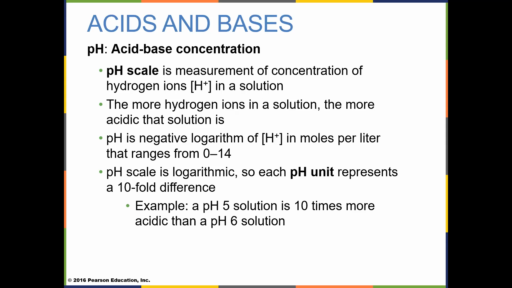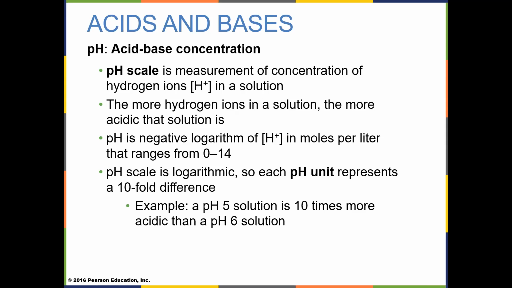Going down the scale, pH of 6 is 10 times more acidic than a pH of 7. pH of 5 is 10 times more acidic than 6 and 100 times more acidic than 7. So by the time you get down to pH of 1, you're very, very acidic. Going up the scale, pH of 8 is 10 times more basic than 7. 9 is 10 times more basic than 8 and 100 times more basic than 7. So you get more and more basic.